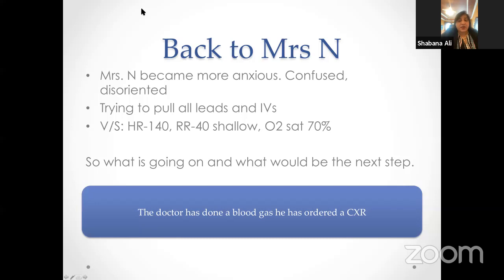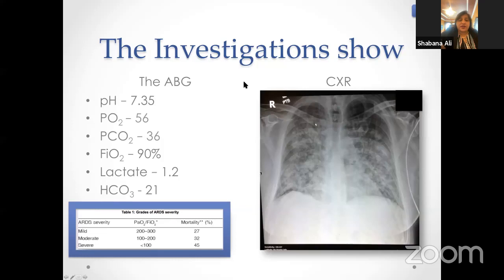Now she's been in labored breathing. Her oxygen saturation is 70% now. So what should trigger in your mind when you see these kinds of vital signs and this kind of condition on Mrs. N? You went to see the doctor, and the doctor asked you to do the blood gases, and he ordered a chest X-ray. And after you sent the blood for the ABGs and chest X-ray, here is what you got.